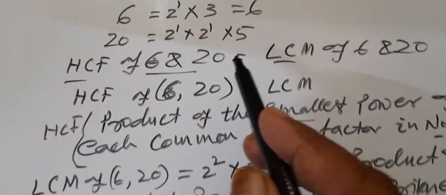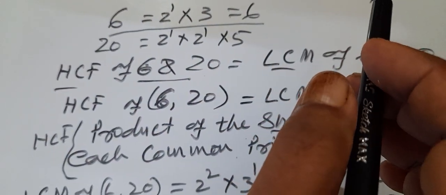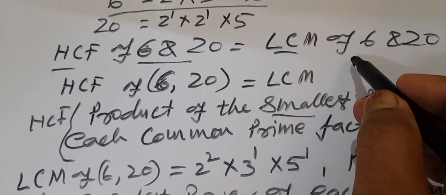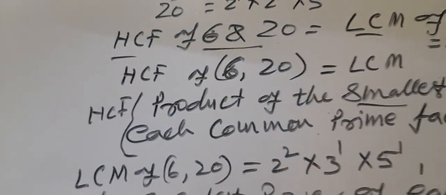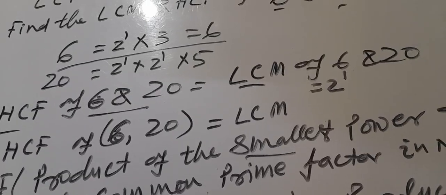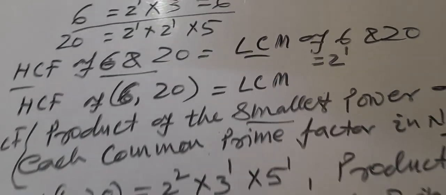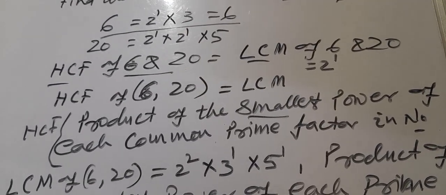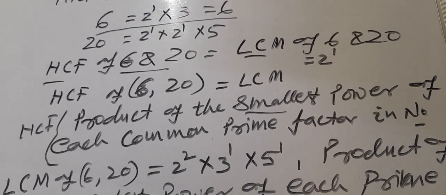Then the LCM of 6 and 20 is 2 to the power 2 into 3 into 5, that is 60, which is 6 into 20 divided by 2.